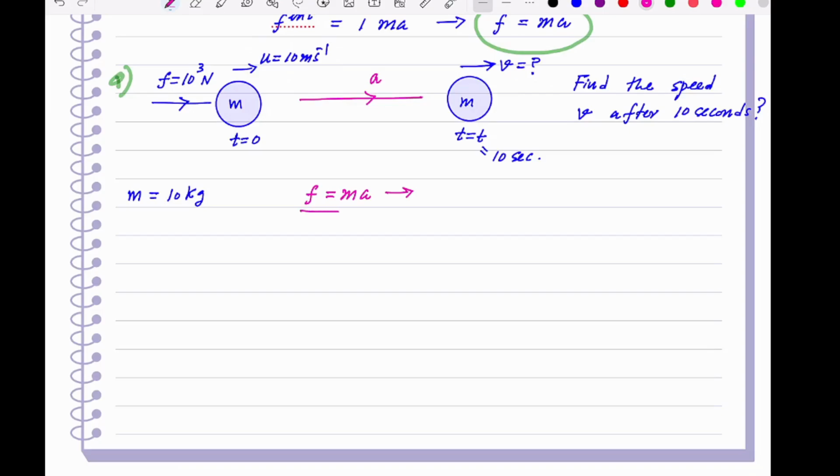So now I'm going to use F equals ma on this object, left to right. Your force is 10 to the power 3 newtons, mass is 10 kilograms. You will find out the acceleration.